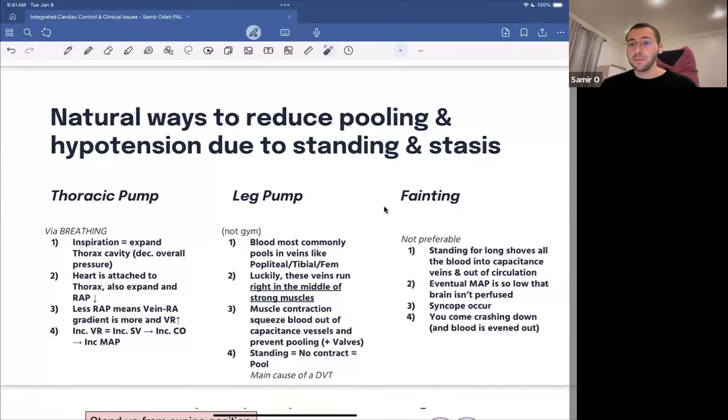And combined with your thoracic pump and a decrease in pressure in your thorax, that is very effectively going to shove all that blood back into the heart where it should belong and increase your venous return and counteract the effects of any hypotensive crises caused by standing for too long.